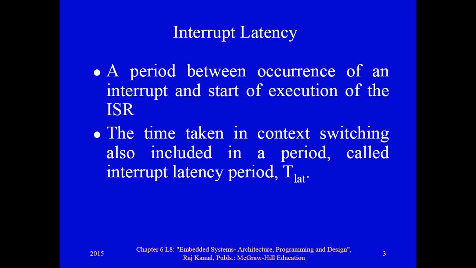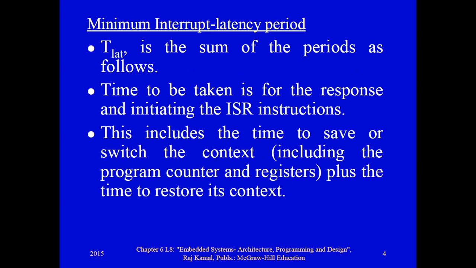The time taken in context switching, you have already studied what context switching is, is also included in a period called the interrupt latency period, which is indicated as T lat. So, minimum interrupt latency period.